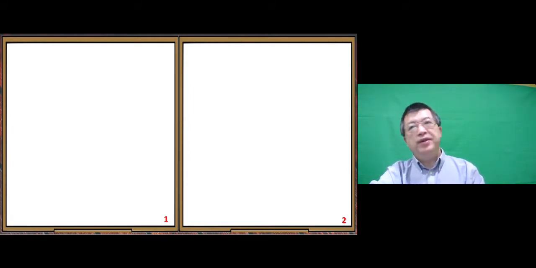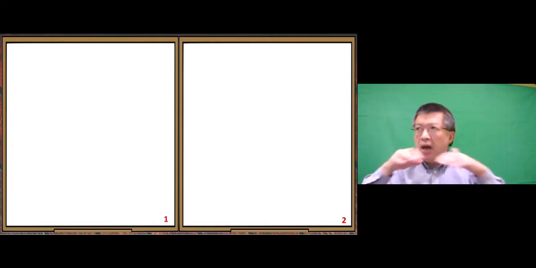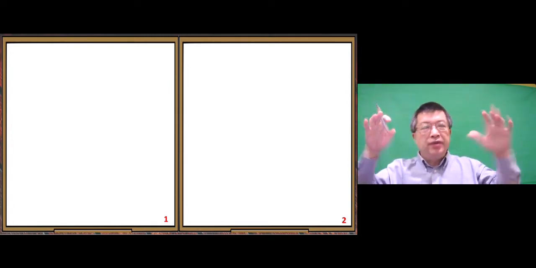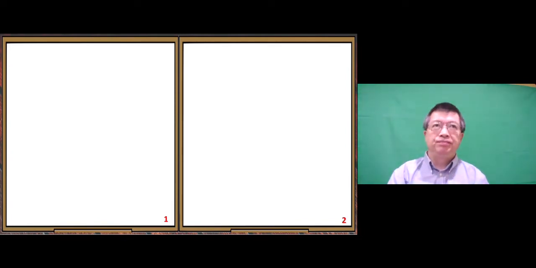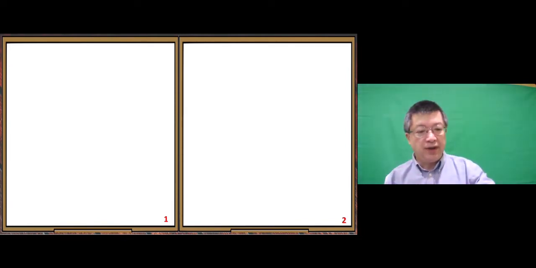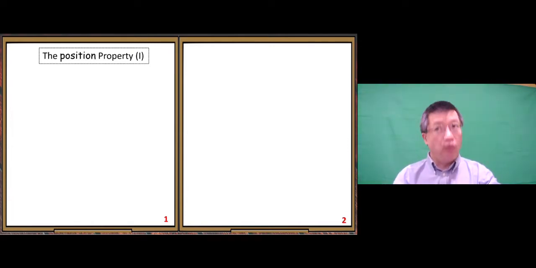This is another very important property we need to use to design our layout. In this part, I give you the basics. All right, so let's look at the position property, part 1.